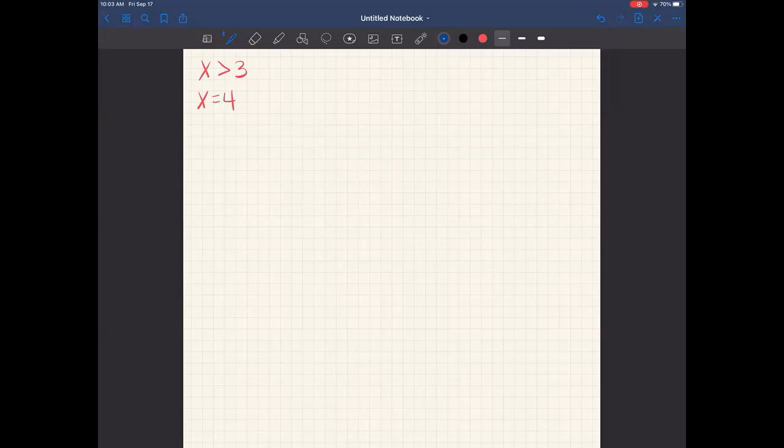So the first one is 1 over x plus 2 plus 1 over x plus 3. So we want to break it down and focus on the denominator first, right? This is arguably the worst part of it. So I'm going to forget about the numerator at the moment and just focus on this bottom part.